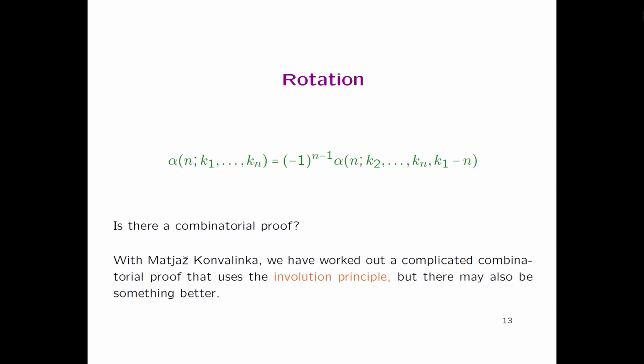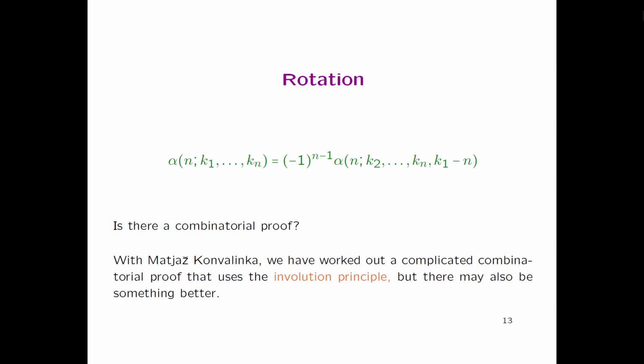And if you move the k_1 to the end and subtract n, you actually obtain the same number up to sign. And combinatorially, it doesn't make any sense if you just consider strictly increasing sequences. But since we have the combinatorial extension, both sides make combinatorial sense.